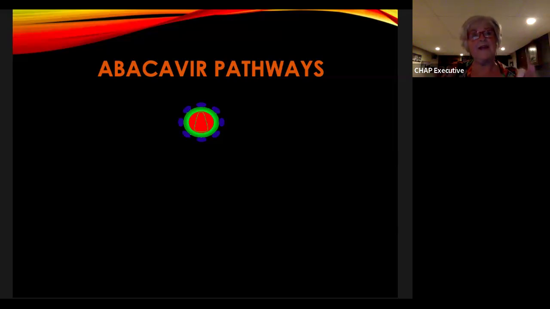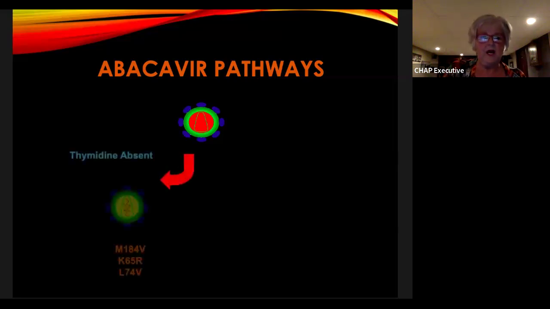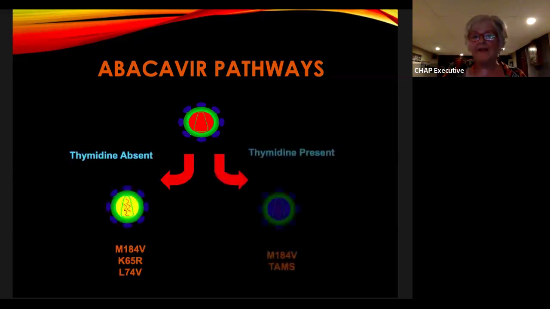But in that particular case, zidovudine was a thymidine analog. So if somebody failed on Trizivir, you would go down the thymidine present pathway and basically predict the development of an M184V and probably TAM pathway 1 if you really wanted to err on the side of caution.